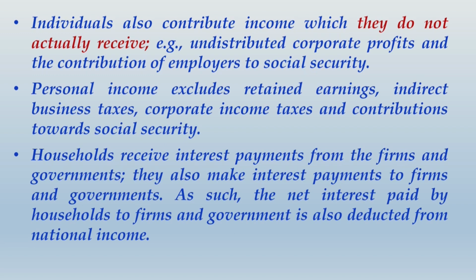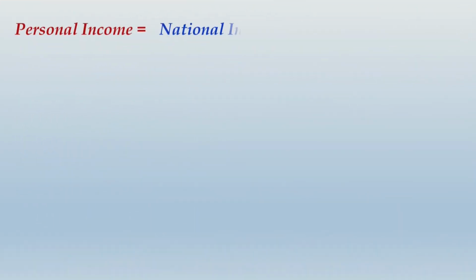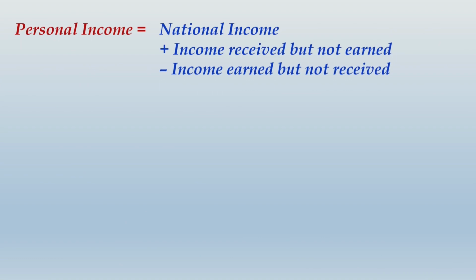Alright friends, once you have finished writing this much, let us move ahead and continue writing further. So personal income basically equals national income plus income received but not earned minus income earned but not received.